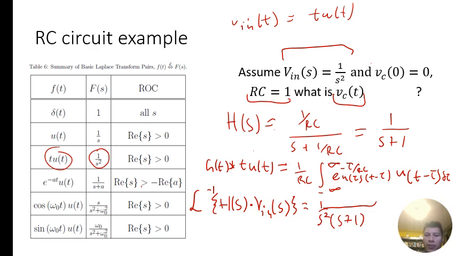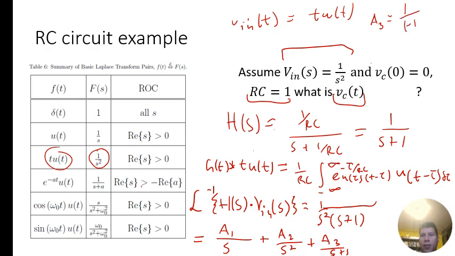So basically now what we have to do is just find the three coefficients. We set this equal to a1 over s plus a2 over s squared plus a3 over s plus 1. To find a3, it would be equal to 1 over negative 1 squared.